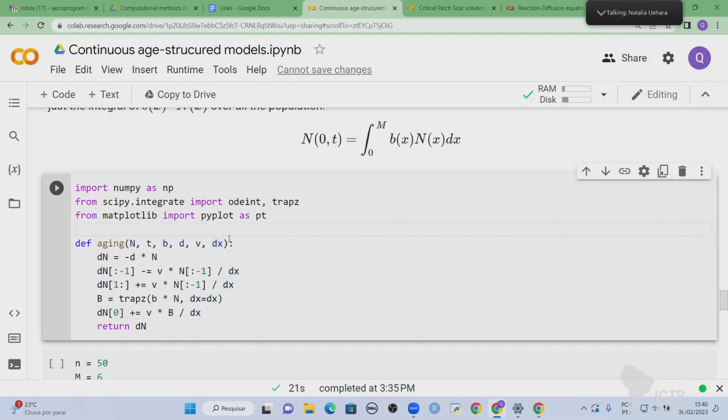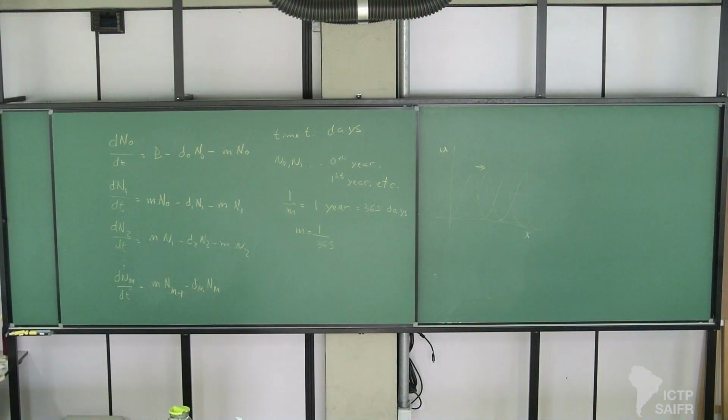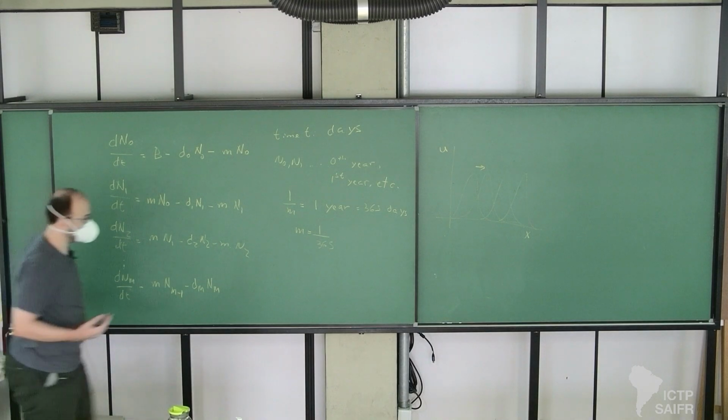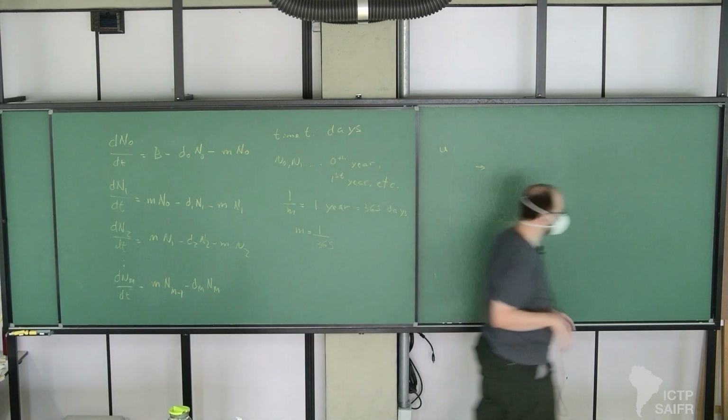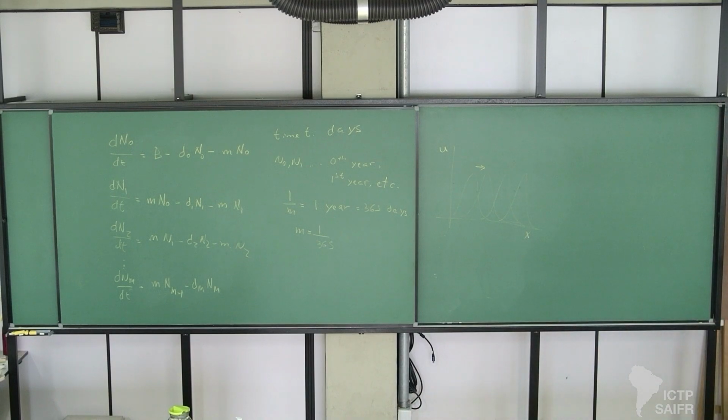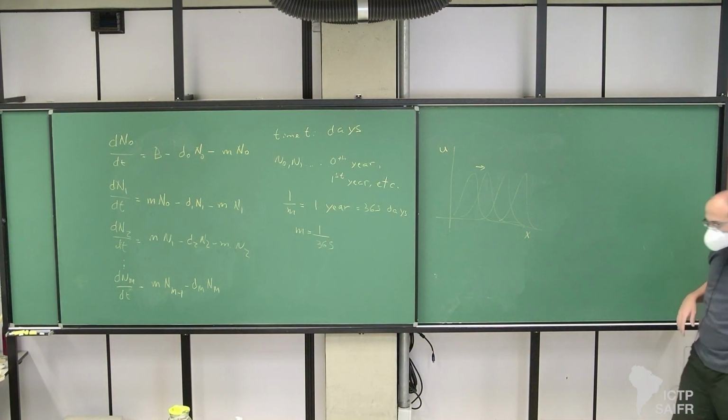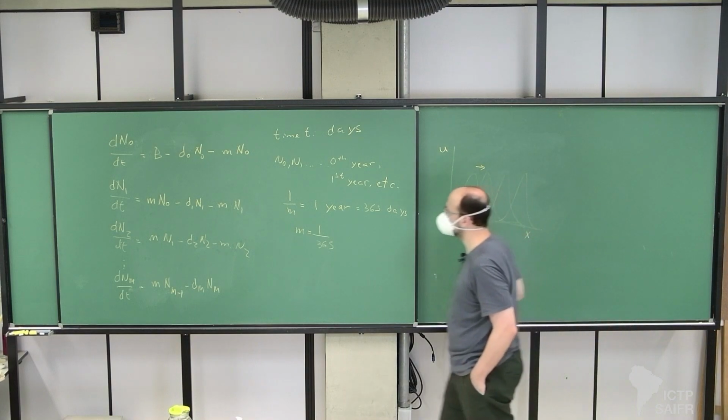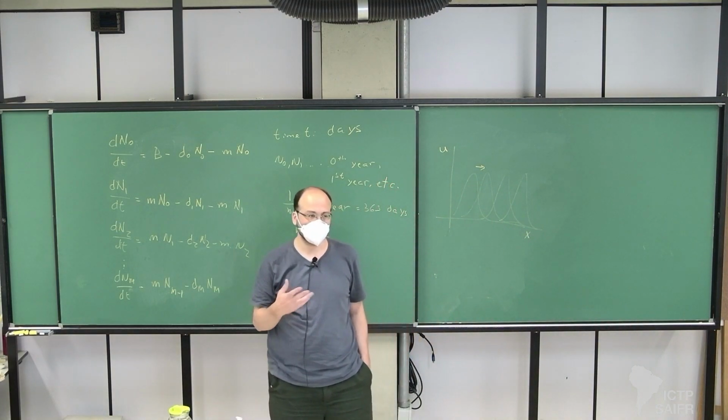Questions, comments? I know this was a bit rushed, perhaps, but maybe we still have a few minutes for comments. So I wanted to show you this because of course now we have an idea of what an advection term does.